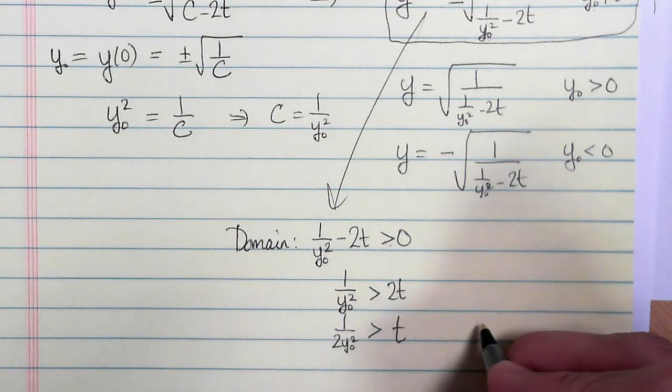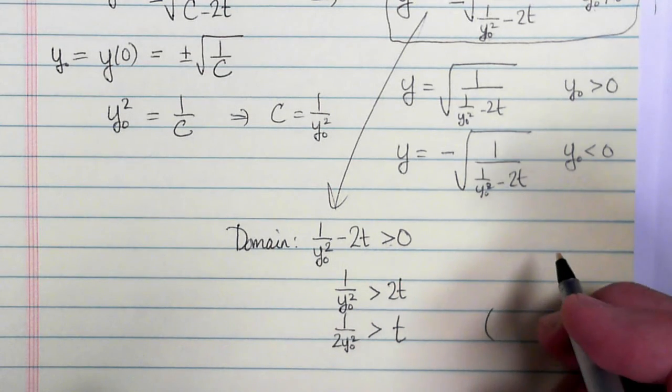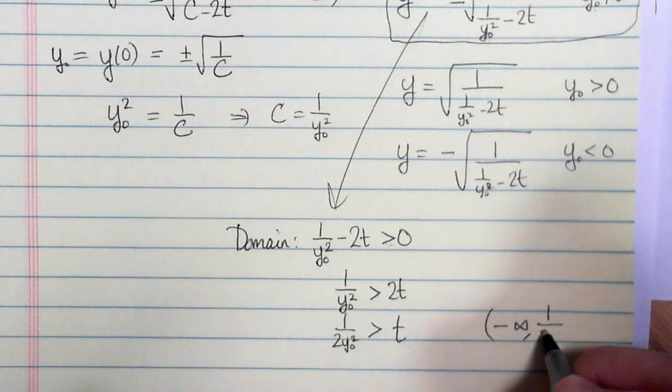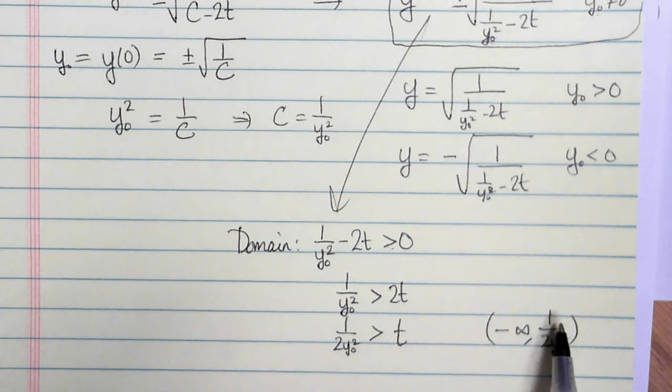And so therefore the domain we can write as anything to the left of 1 over 2y naught squared. And as expected, as y naught goes to 0, this approaches infinity, and I would get the entire real line.